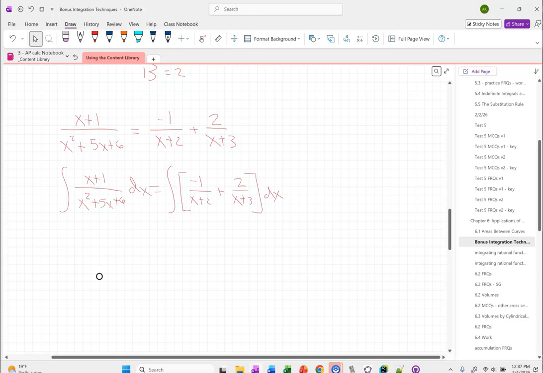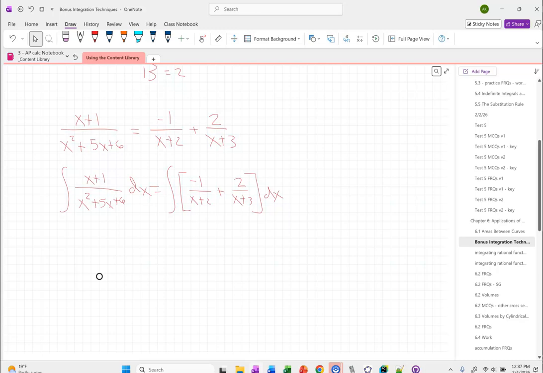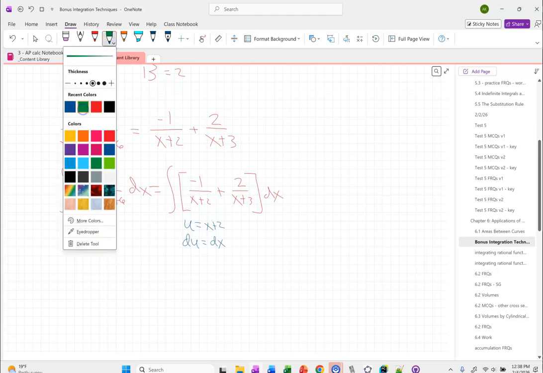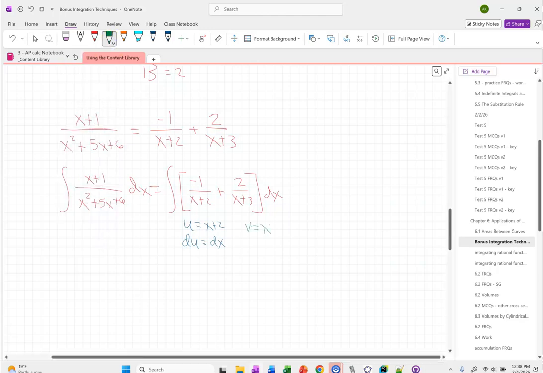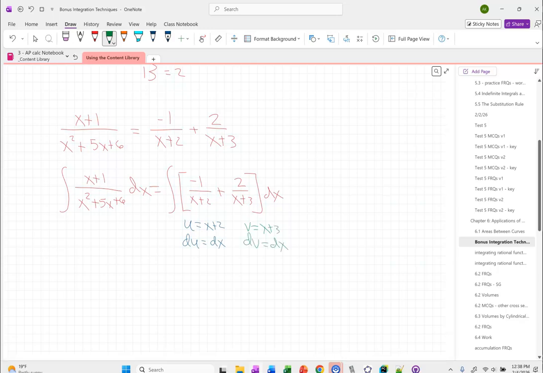If I look at the first fraction, that's now something I can integrate using a u substitution. And the second fraction is also something I can integrate, just doing another substitution. This time I'll use the letter v. Is everybody okay there?